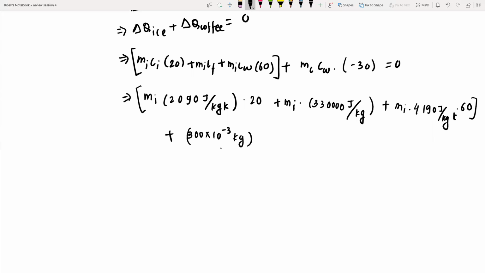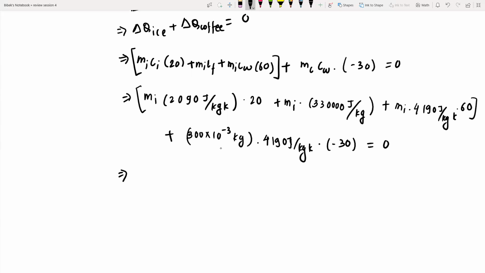And we are taking the specific heat capacity of coffee to be that of water, per kg Kelvin, and the change in temperature will be minus 30.